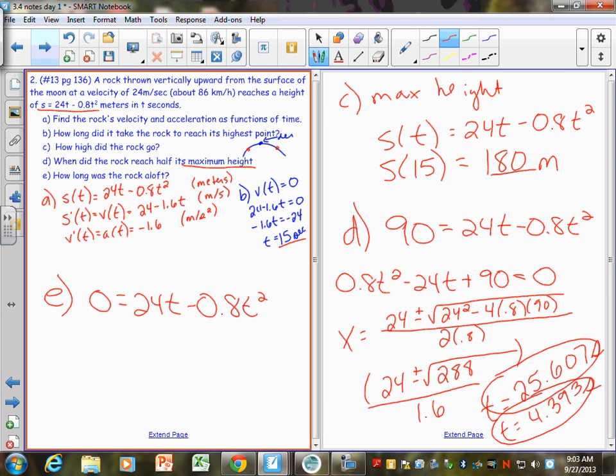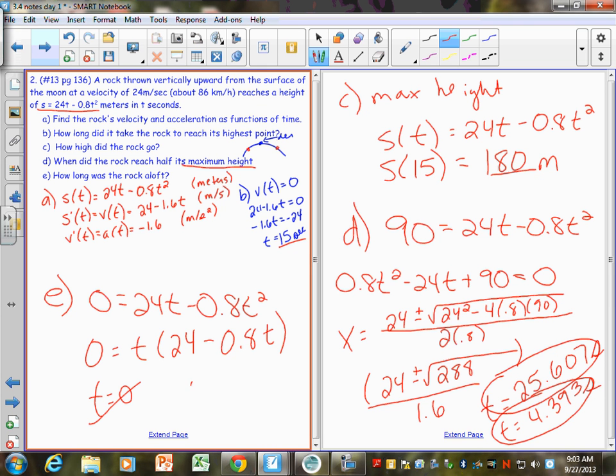On this one, do you have to do the quadratic formula? You could, but you don't have to. I would just factor t out of that. So you get t equals 0. That's when it starts, so that's not the answer.